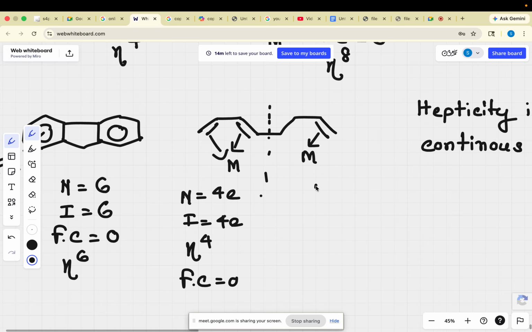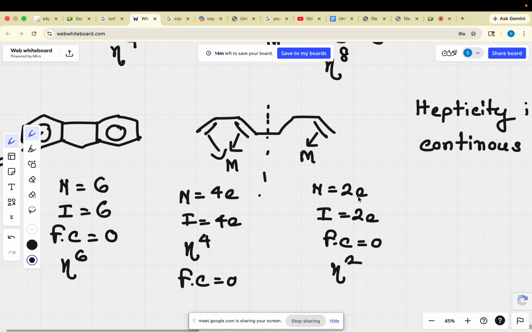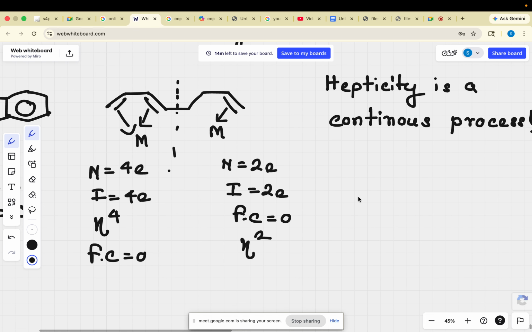For this right hand part, neutral method I have 2 electrons, ionic method also 2 electrons, formal charge will be 0 and the eta value will be 2. So you have to do it separately. If you write neutral 6, ionic 6 electrons, eta 6, that will be wrong. So keep in mind, hapticity is a continuous process. If these double bonds are in conjugation, then only it will take place, otherwise not.